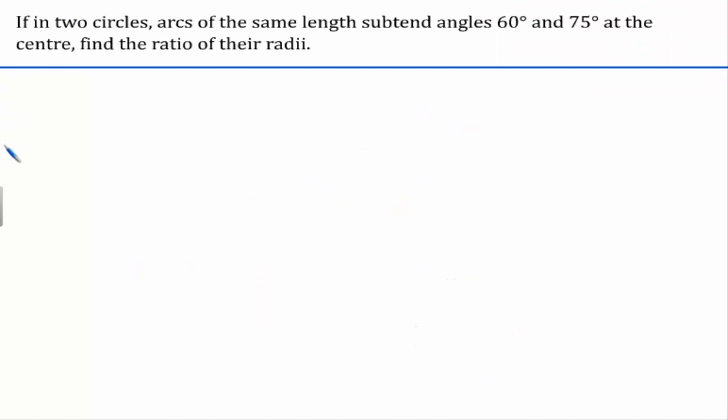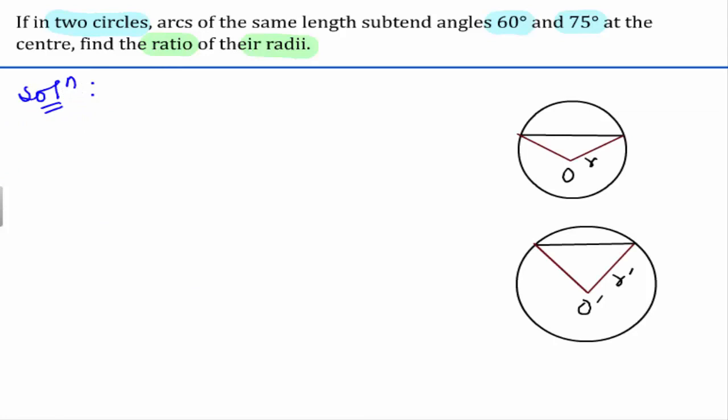In this question, we are given that in two circles, arcs of same length subtend angle 60 degree and 75 degree at the center, we have to find the ratio of their radii. Let's begin with the solution. So let us suppose that these two are the circles with center O and O dash, such that R is the radius of the circle with center O and R dash is the radius with center O dash.